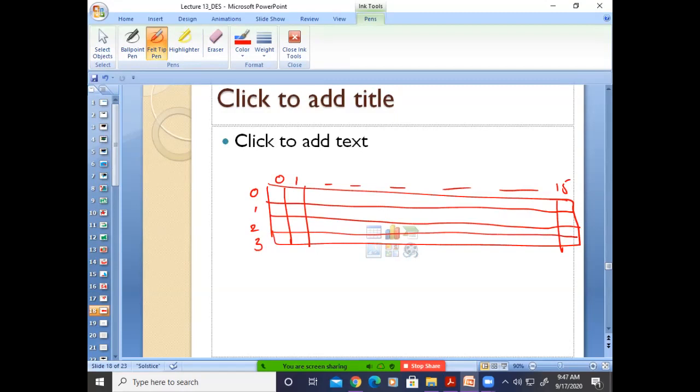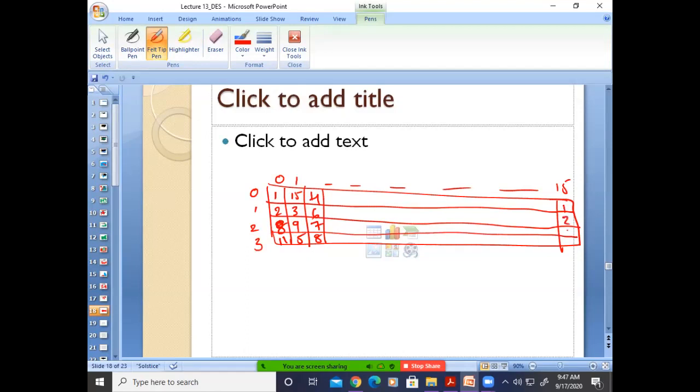Now, in each cell there may be a number. It may be 1, it may be 15, it may be 4, 2, 3, 6, 0, 8, 9, 11, 5, 7, etc. The maximum number will be 15 only.